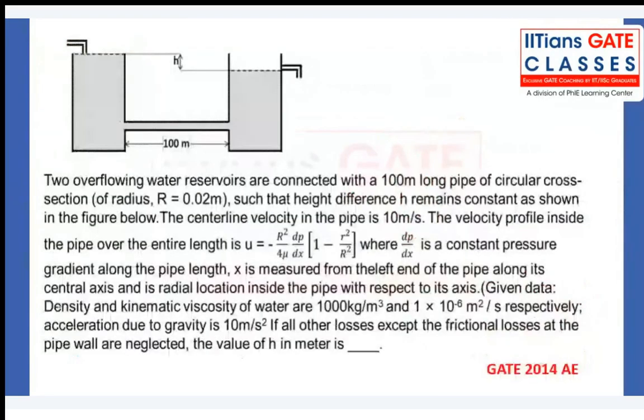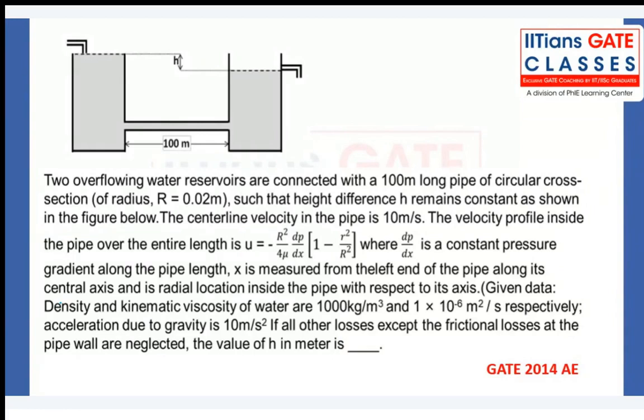Try to solve this question. Two overflowing reservoirs are connected by a pipe having a length of 100 meter and cross-sectional radius of 0.02 meter, such that the height difference h remains constant as shown in the figure. The center line velocity in the pipe is 10 meter per second. The velocity profile in the pipe over the entire length is given by this relation.